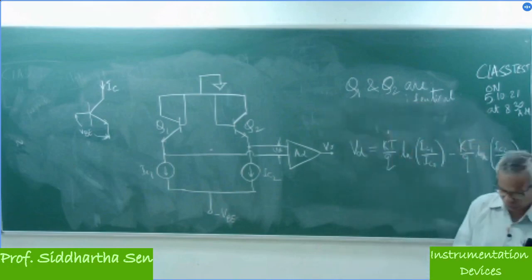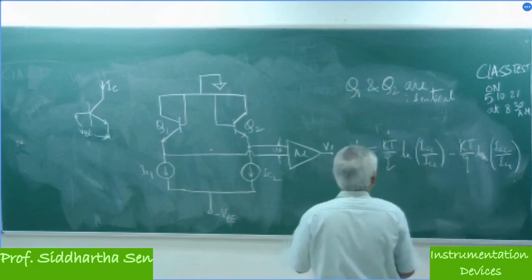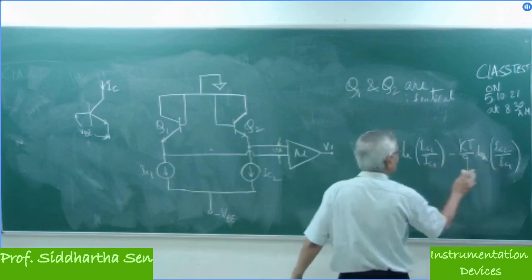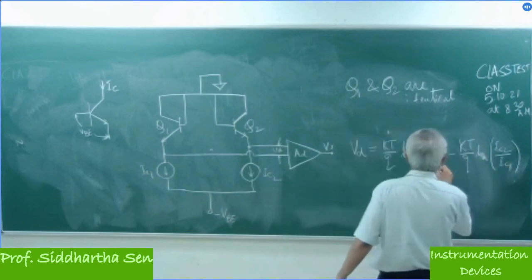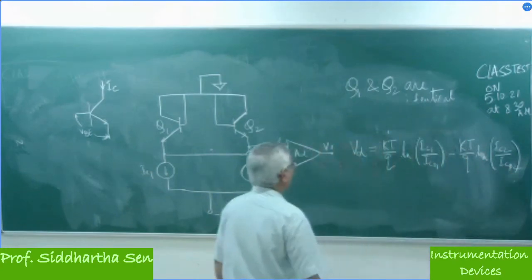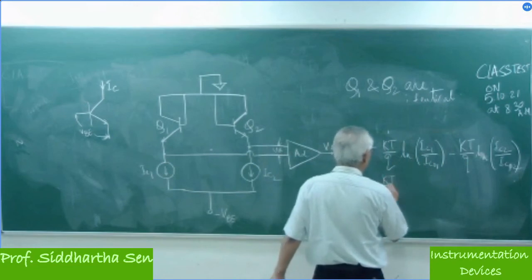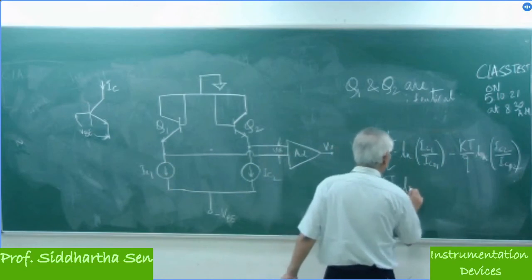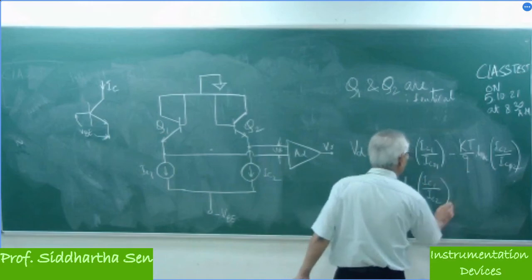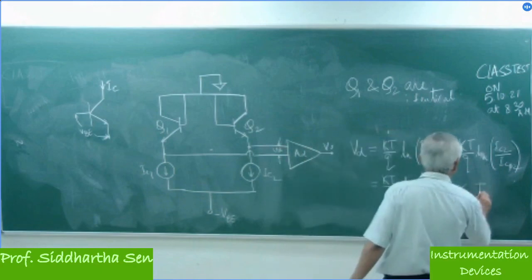We can make it 2 or like this. But these transistors are the same, so IC01 and IC02 are the same values. So we can write it as KT by Q log natural IC1 by IC2. So it is proportional to temperature.